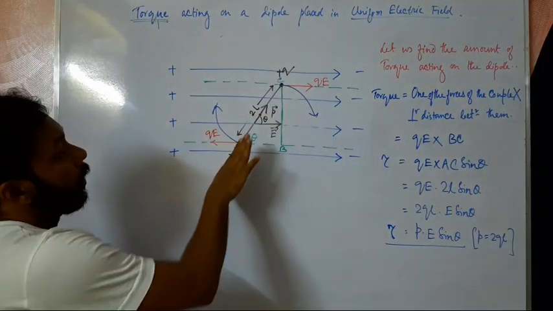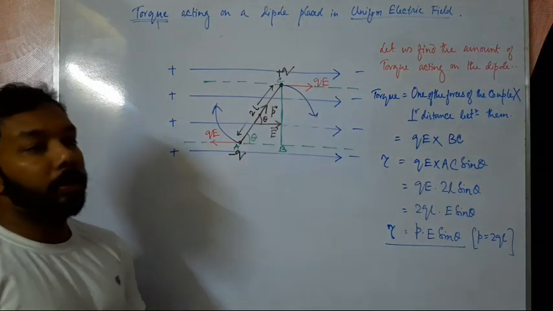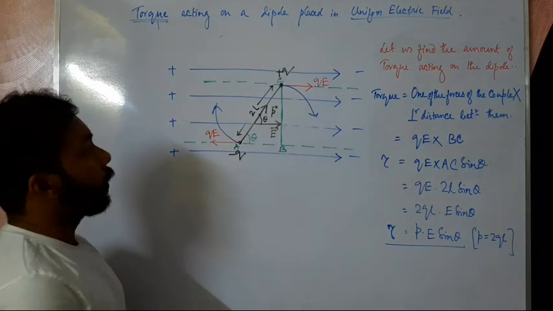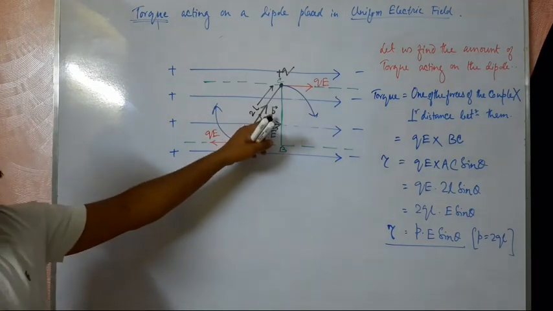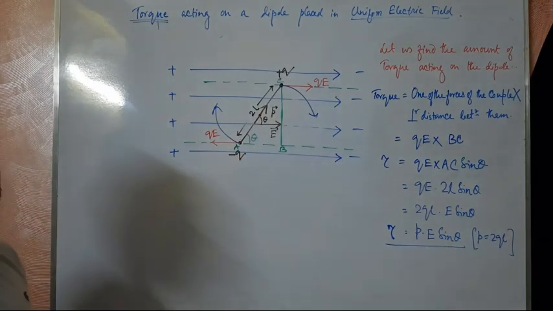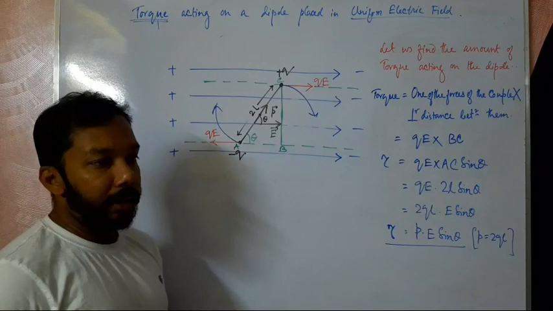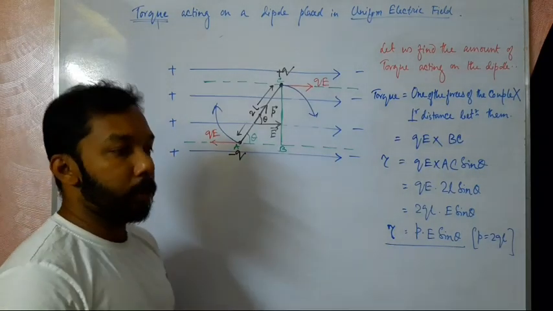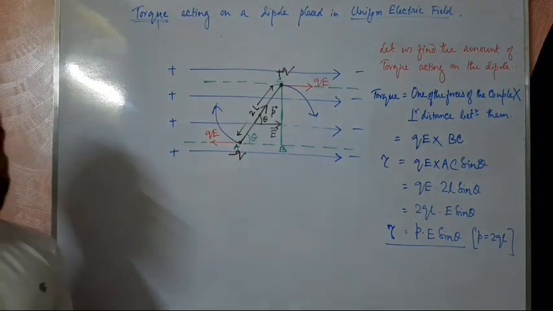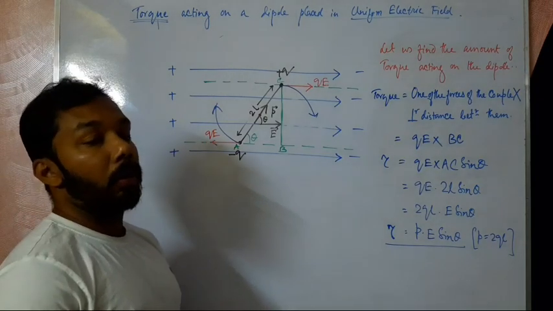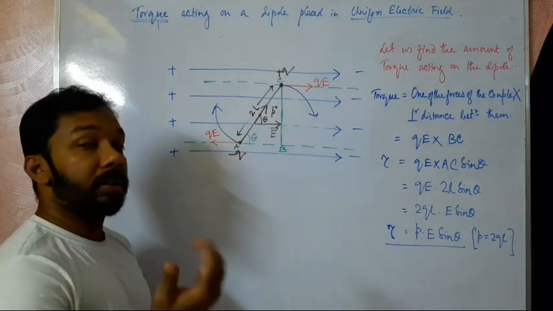The direction of the torque can also be calculated from the cross product of P and E. You can see, if you find the cross product of the vector dipole moment and the electric field, you can remember how to find the direction of the product vector in case of a cross product. That was Maxwell's right hand corkscrew rule or thumb rule.